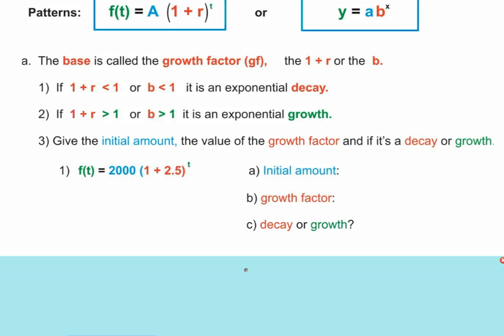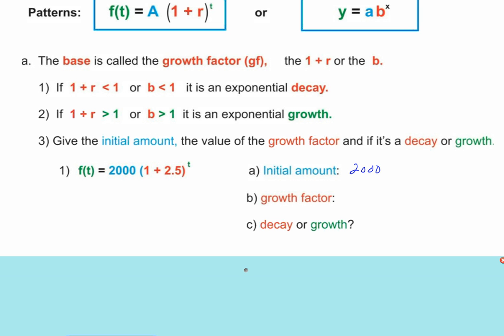So in this scenario, the initial amount is 2,000. That could be population, it could be money, bacteria, whatever. What is the growth factor?